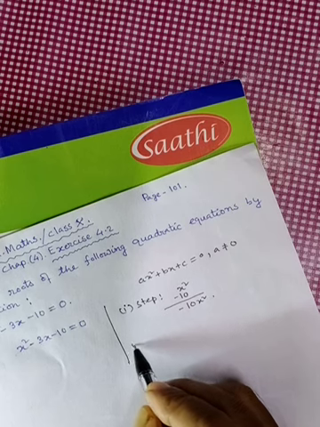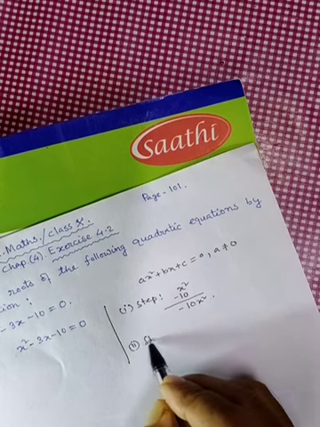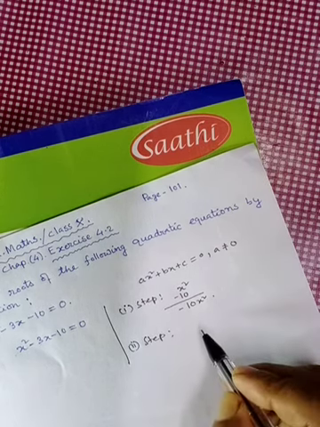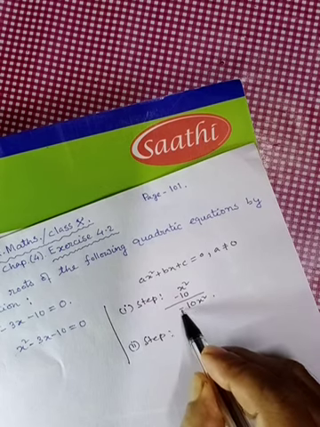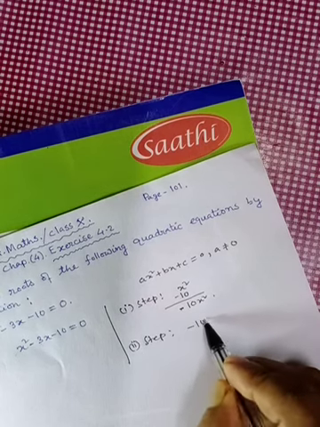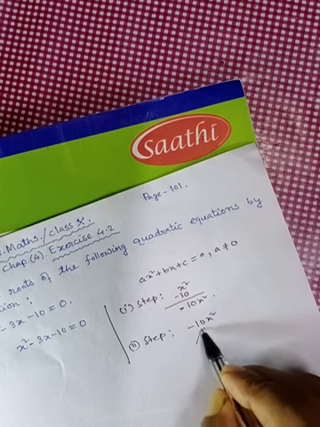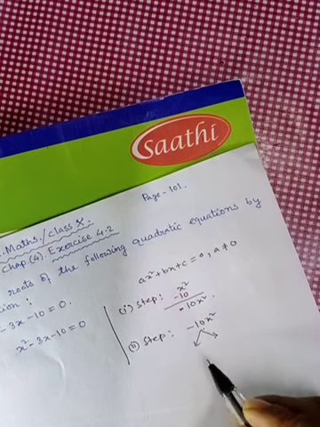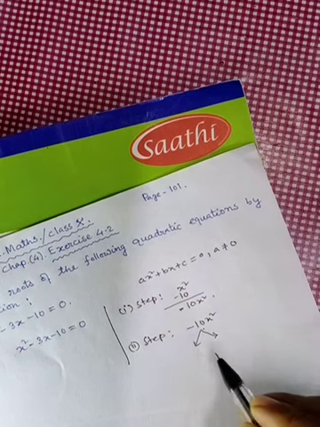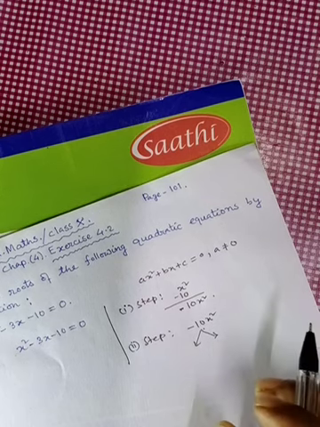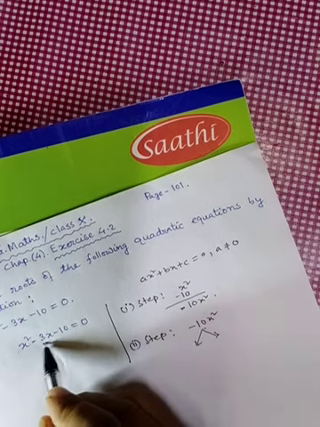And then second step, split the product, this minus 10x square, in such a way that the sum of the two multiples or factors must be the middle term.